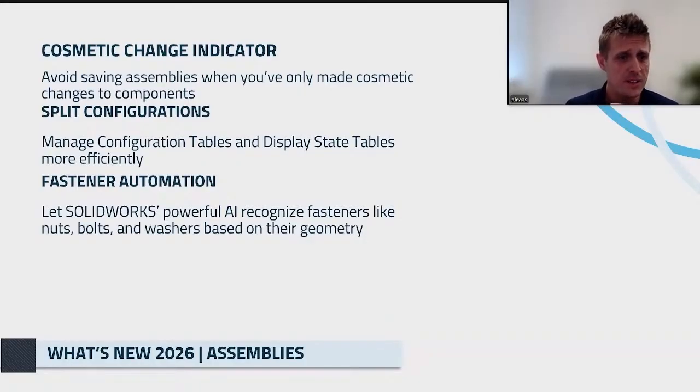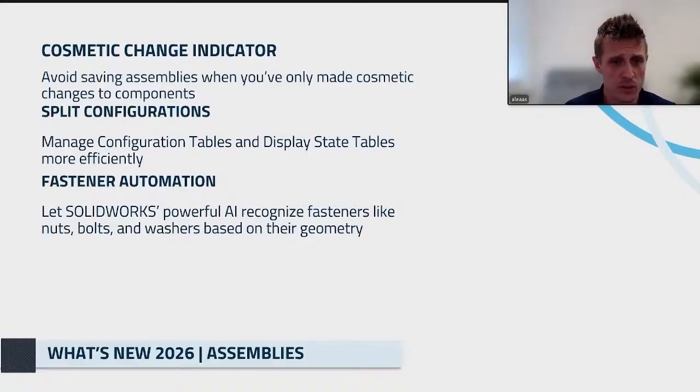And these are usually taking up a lot of work time, making sure that every bolt and nut is positioned correctly within our assembly documents. But hopefully with the new 2026 version, you will realize that the AI will now recognize geometry and automatically attach a nut or a bolt to a hole in our assembly document.